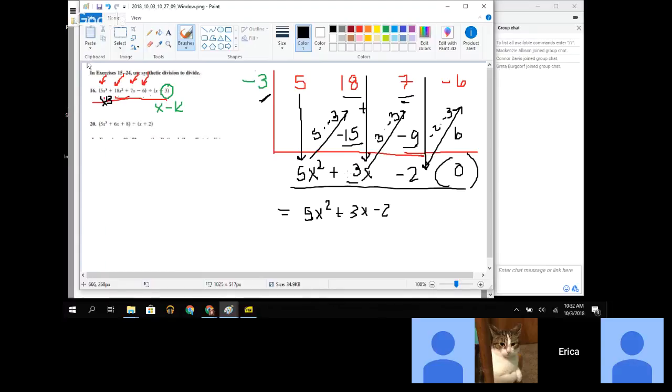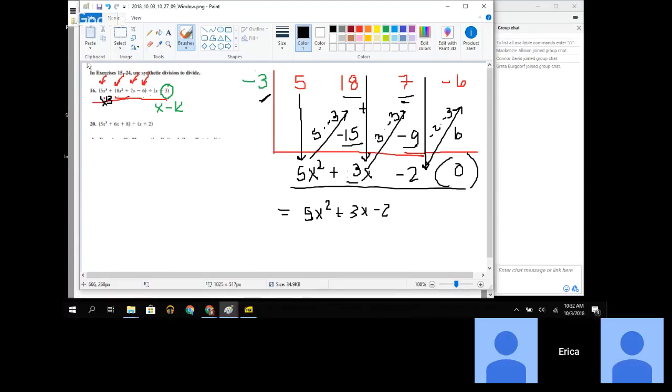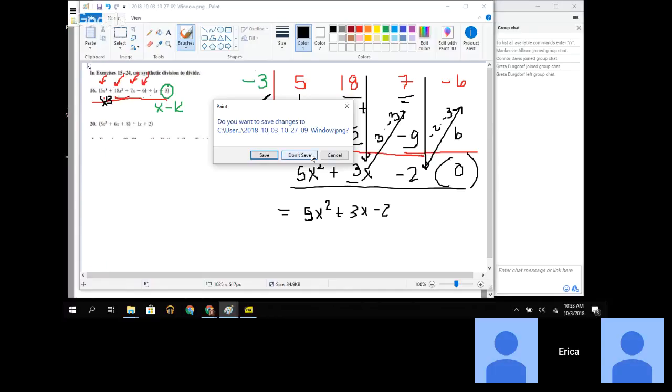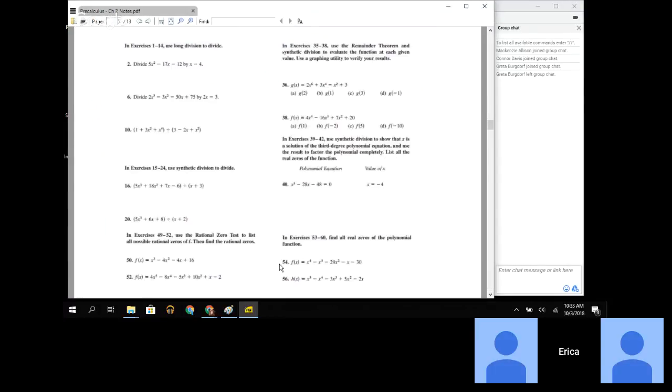Let's talk about how to use this synthetic division with something called the remainder theorem to figure out what the value of the function is. So I want these guys right here.